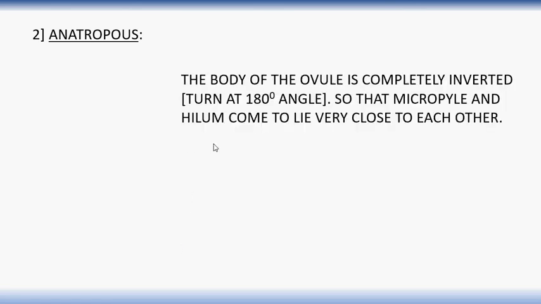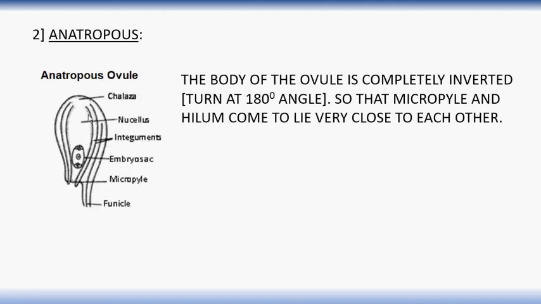Anatropous ovule. The body of ovule is completely inverted, turned at 180-degree angle, so that micropyle and hilum come to lie very close to each other. So now the body of ovule is completely inverted.